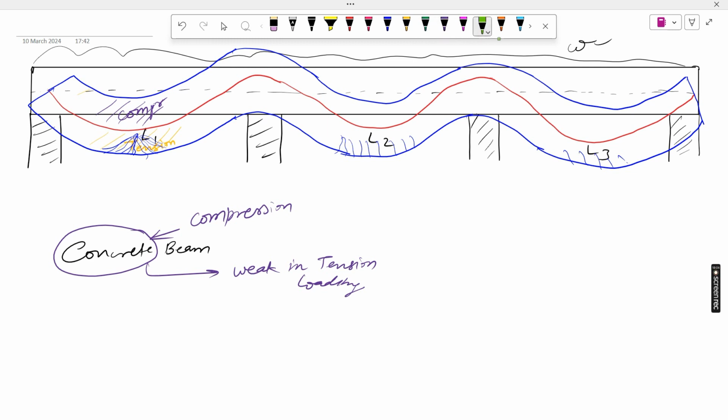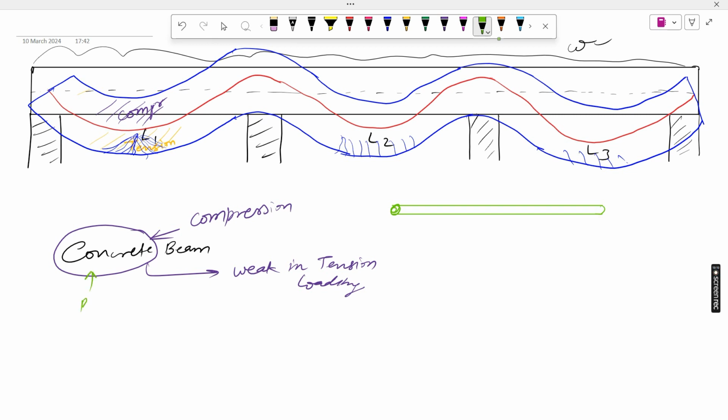To avoid this, we have to reinforce the concrete sections with steel bars. Steel has ductility, and concrete is a brittle material. Brittle materials are weak in tension and strong in compression.